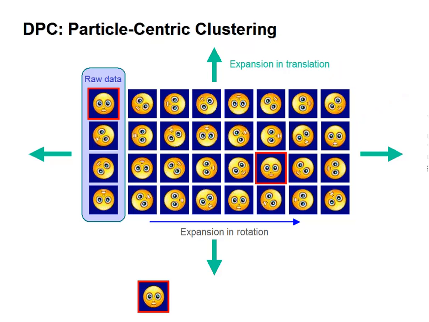The second step is particle-centric clustering. The idea is this. For each particle image in the original data set, we apply direct principal component analysis without any registration, because registration has already been taken care of by the data expansion.